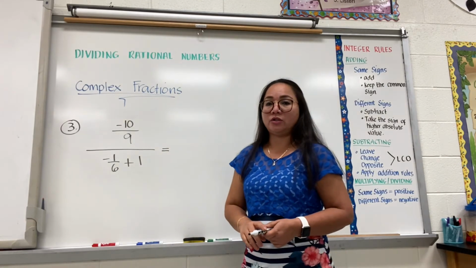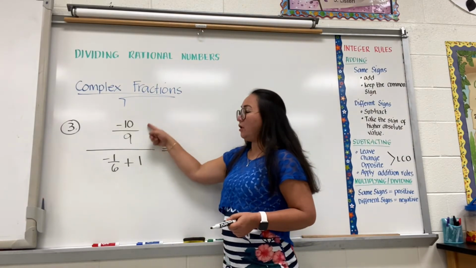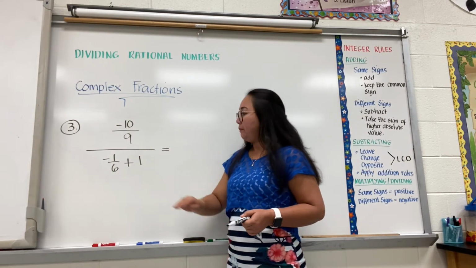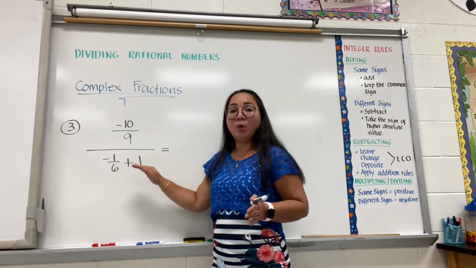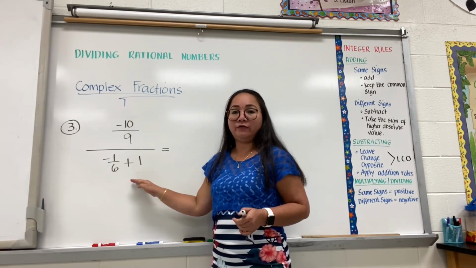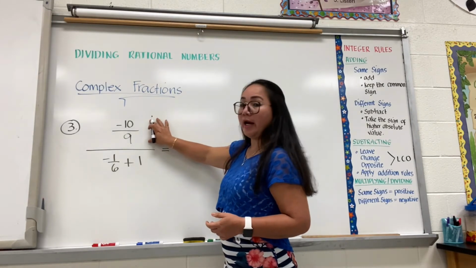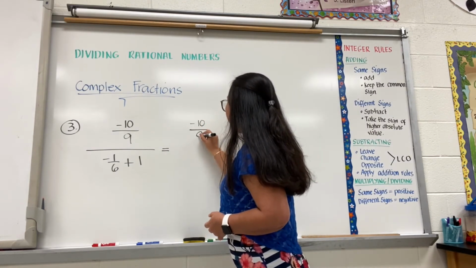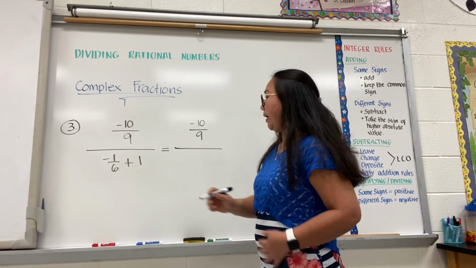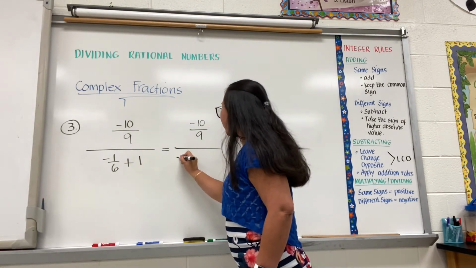complex fractions. Now you notice that there is only one fraction in the numerator, but there are two in the denominator. Work out the denominator first. So we will just write down the numerator: negative 10 over 9 divided by negative 1/6.